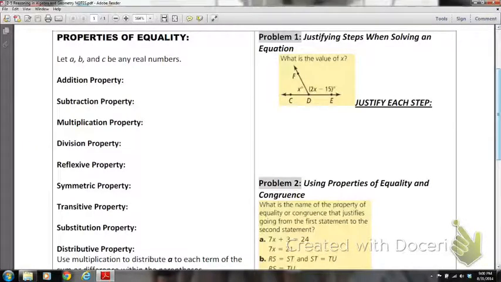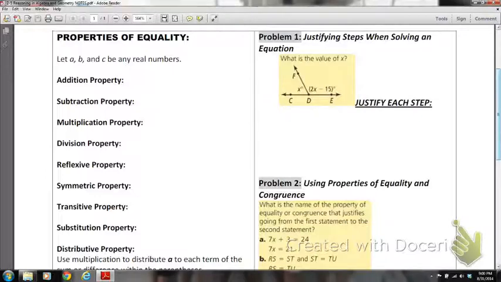Problem 1, we have a diagram, and it asks what is the value of x. So we need to apply some of the definitions that we learned in Unit 1 to be able to work this problem. The first thing you need to identify is what kind of angles are pictured.